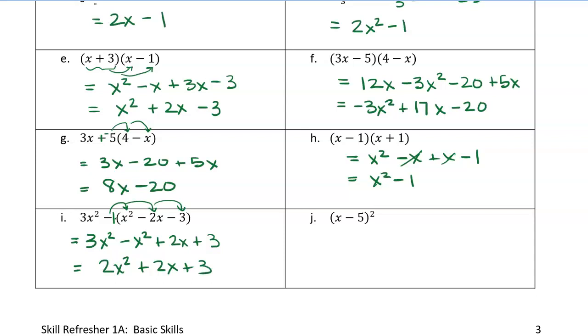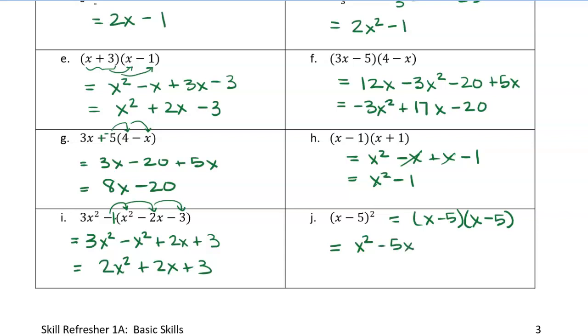So here we're squaring this x minus 5. And just remember that that just means x minus 5 times x minus 5. All right, so you can just FOIL it. You can use the distributive property on it. And so if I FOIL that out, I'm going to get x squared, and then I have a minus 5x, right?